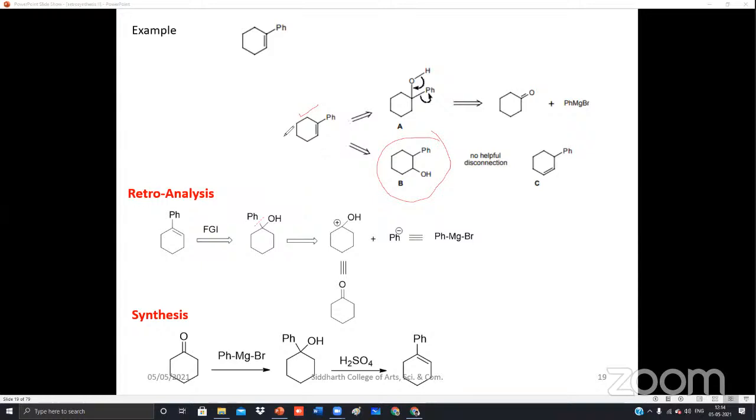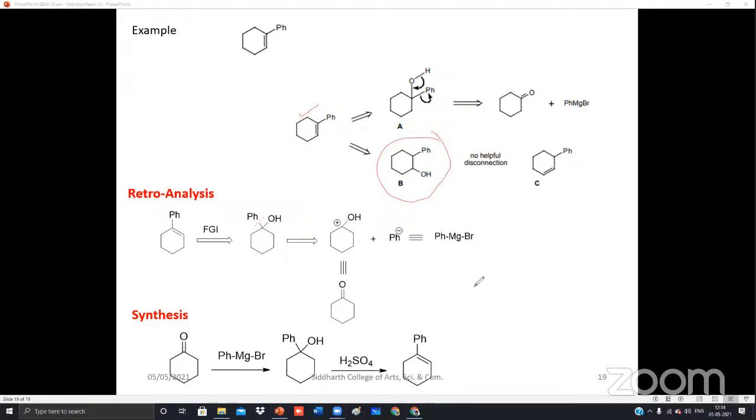If you do the dehydration, you will get the double bond to this side and to this side, which is not fitting the geometry of this molecule, which is our target. That's true.